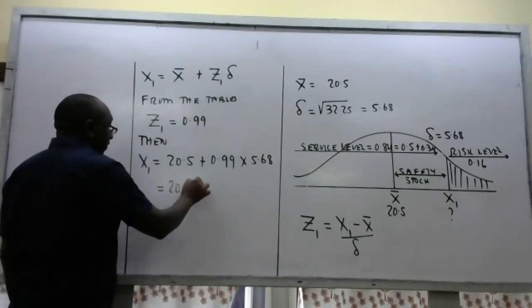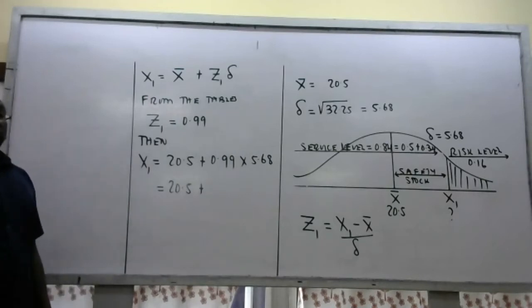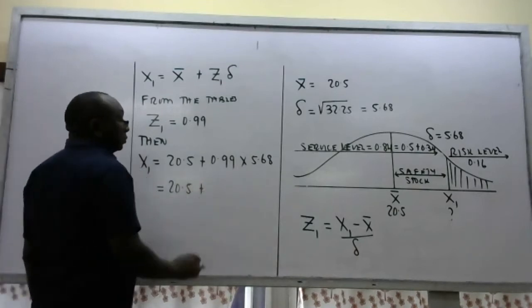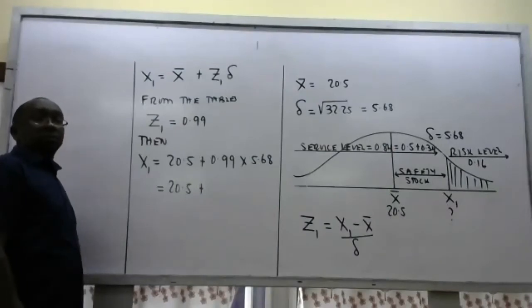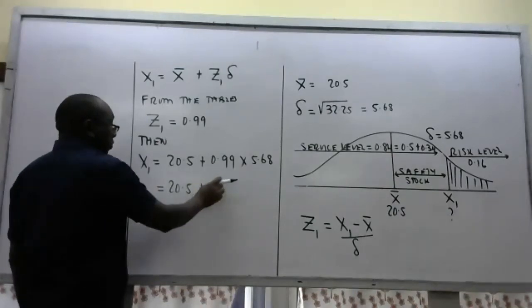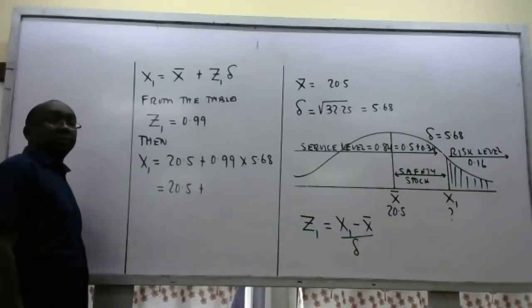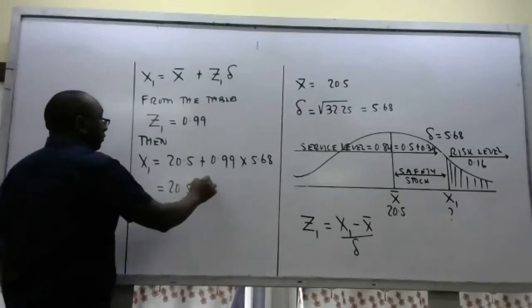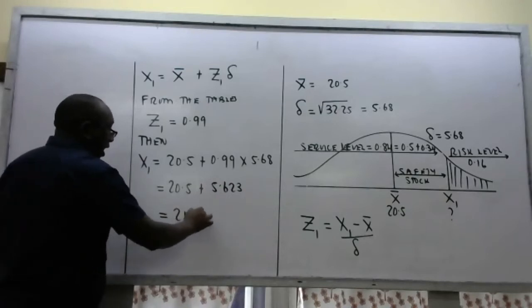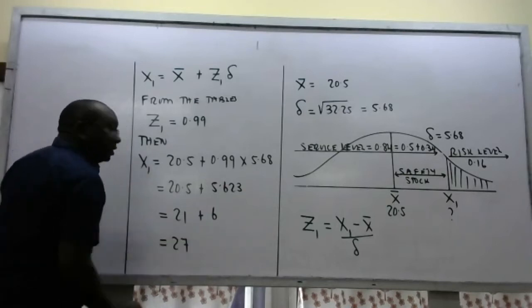So this is 20.5 plus 5.623. So this one you could round up to 21, and this one you round to 6, so that you now talk of 27.